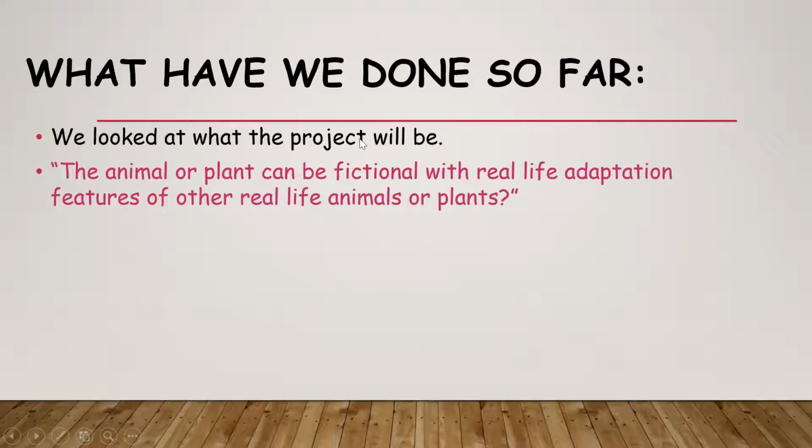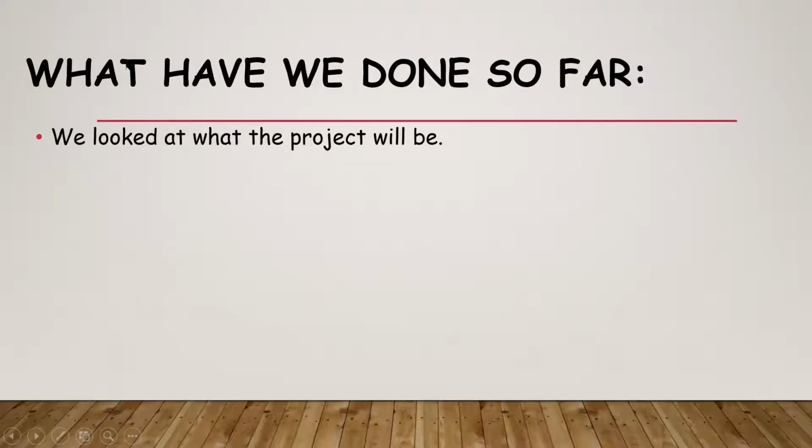And I was talking with a parent on Dojo and going over what the project looks like and explaining that it's a creation of an animal or plant, and you're going to have to make something up and try to include adaptations, things that would be needed to survive.